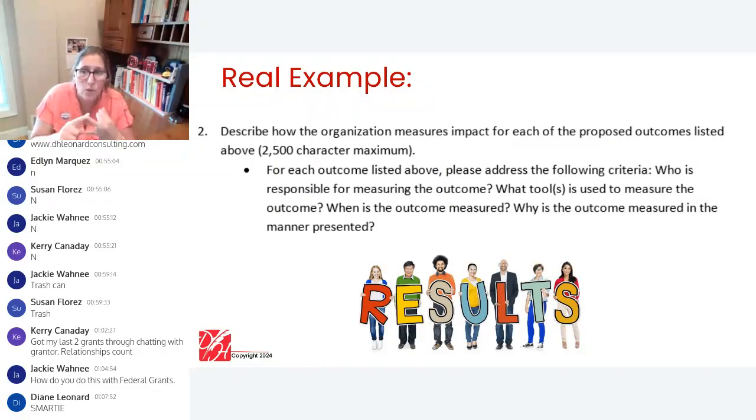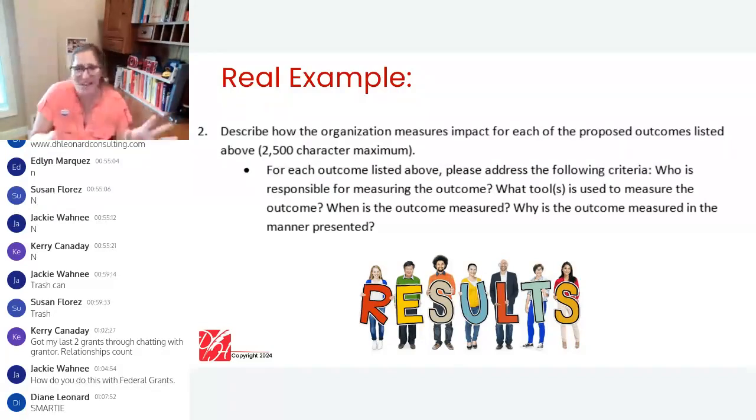What tool or tools is used to measure the outcome? When is the outcome measured? Why is it measured in the manner presented? Oh, chef's kiss. It was beautiful for the responses that were received, and therefore I got to read as a reviewer. I was so grateful for the structure that had been proposed because it meant really good responses.